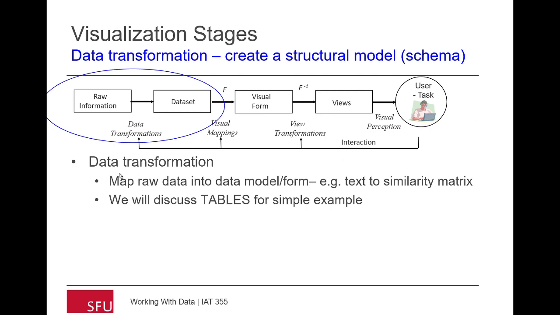So that's a strong example of mapping raw data to a data model or form that you can use. In the next slides, we'll discuss tables and simpler examples than this text thing. Later on in the term, we'll talk about text. Okay, so that's this first stage, basically outlined, transforming raw information through data transformations into a data set.